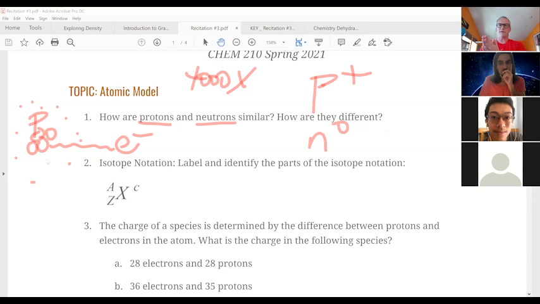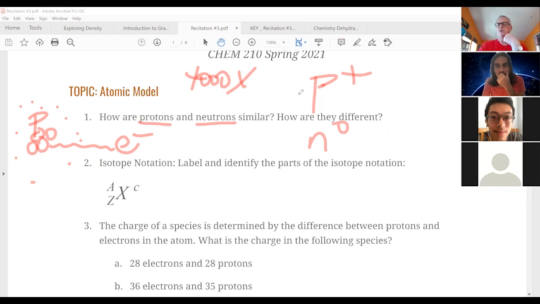The number of protons gives us the identity of the element. What else does it give us? We mentioned the atomic mass before. So if we add the number of protons and neutrons, we take their mass, that gives us the atomic mass.